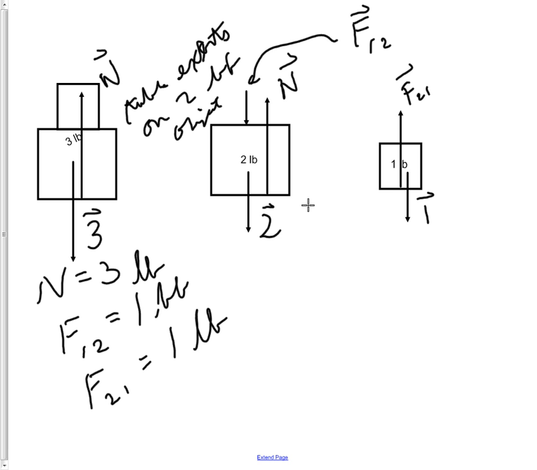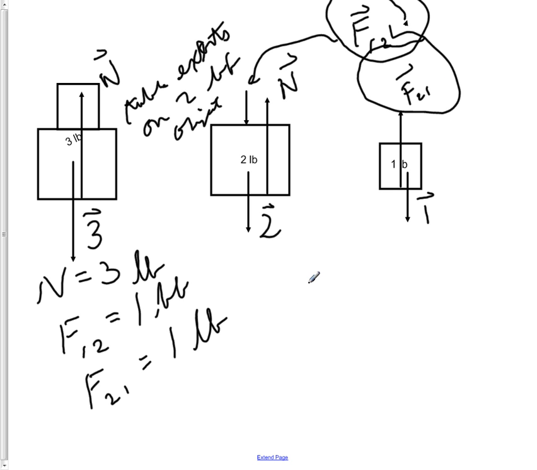Okay. And now let's look at this force and this force. F12 points down and F21 points up, and they both have the same magnitude. And now let's once again remind ourselves what these guys mean. This is the force that 1 exerts on 2 by virtue of their contact. This is the force that 2 exerts on 1 by virtue of their contact.